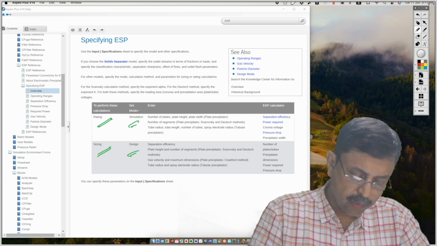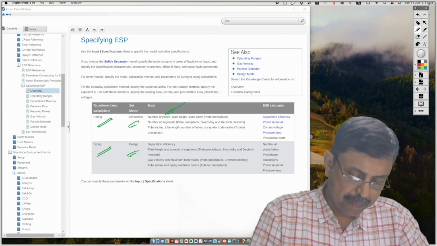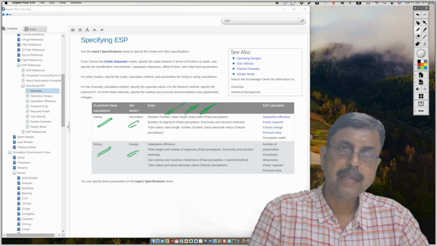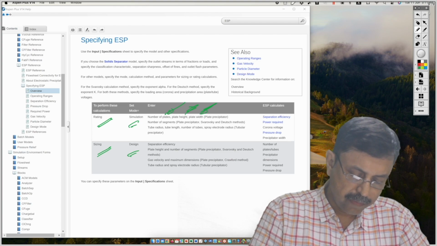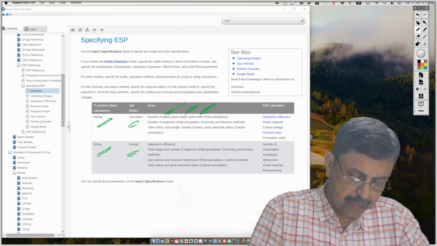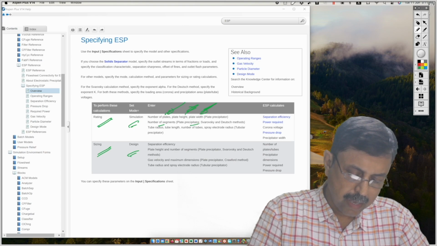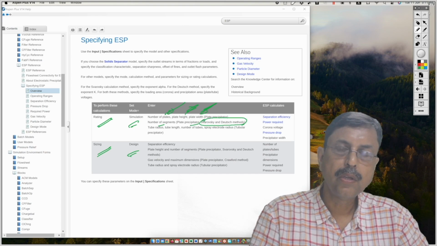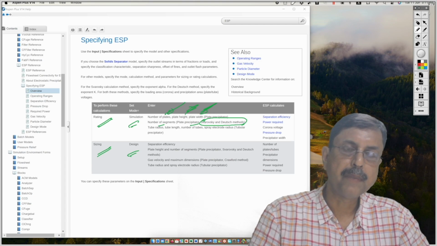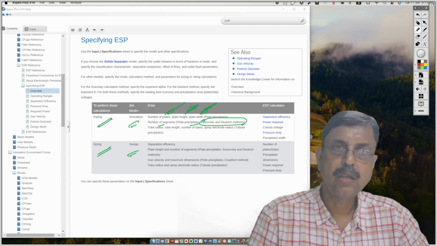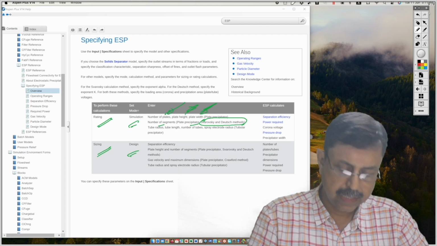In simulation mode, you have to mention the number of plates, the plate height, and the plate width, that is the plate precipitator configuration, and the number of segments. There are some separation efficiency methods for which the number of segments has to be specified. We will learn them later.